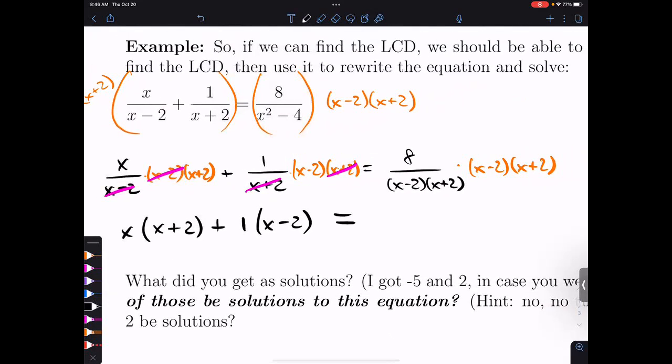Okay, and on the other side? X minus 2 cancels, and x plus 2 also cancels. And what's left is 8. Okay, so let's walk back through that real quick. We figured out the least common denominator by looking at the denominators that we started with.